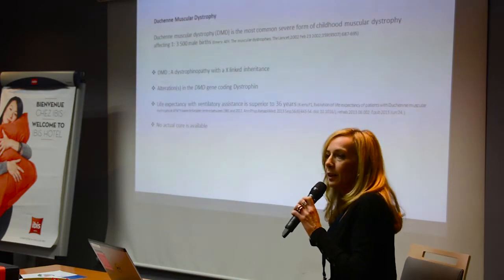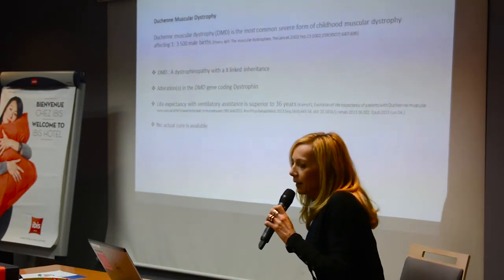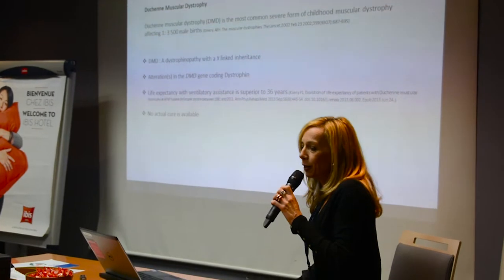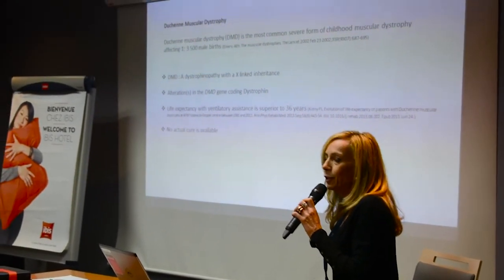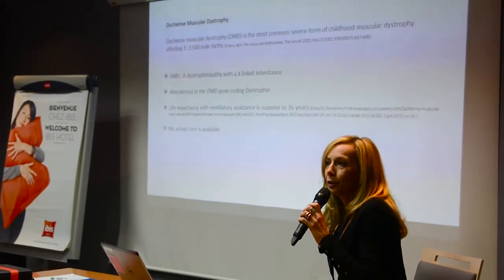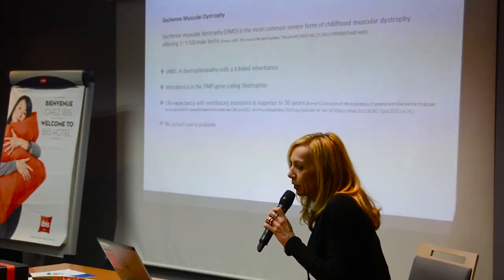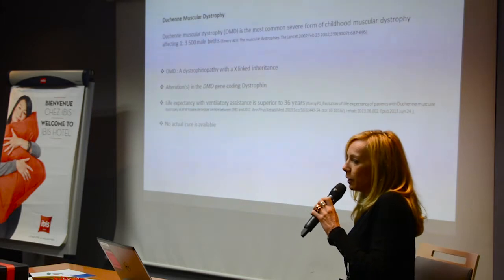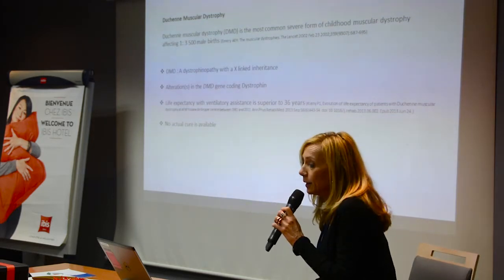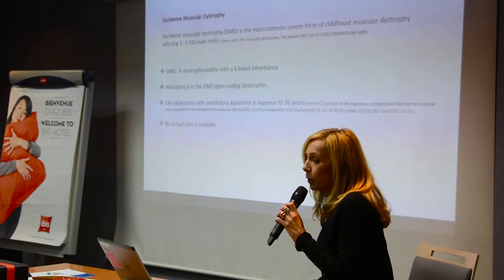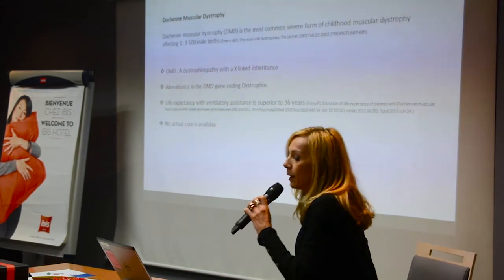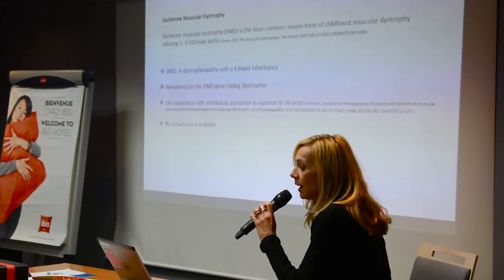First, some information on Duchenne muscular dystrophy, even if it's unfortunately a famous disease. Duchenne muscular dystrophy is the most common severe form of childhood muscular dystrophy, affecting 1 in 3,500 male births.